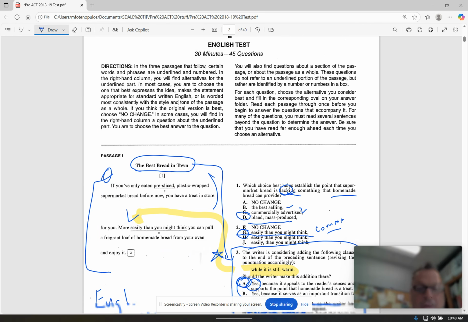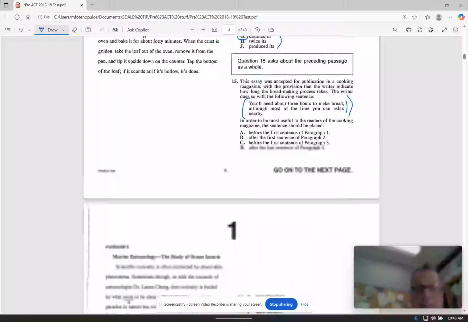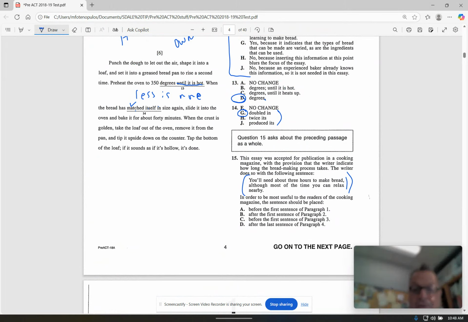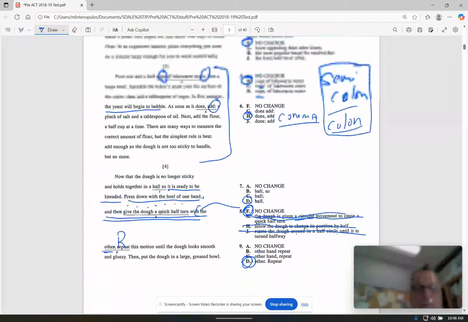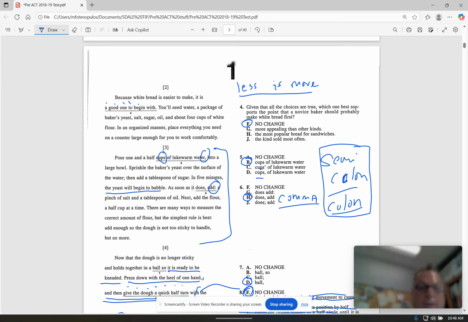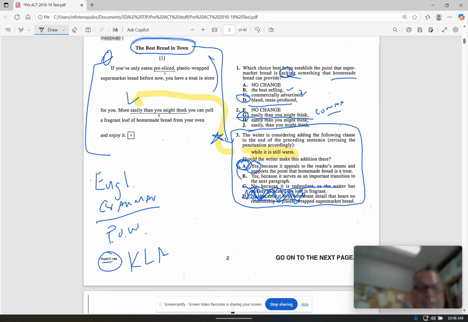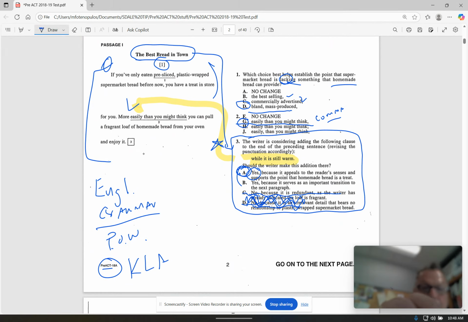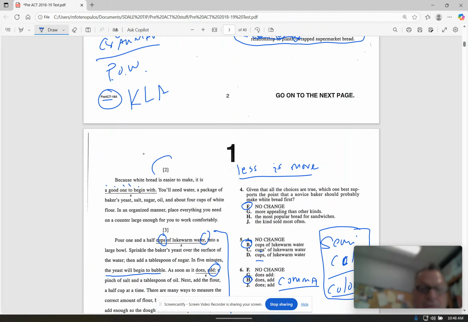I don't know if that's going to be a great place to put it. After the first sentence of paragraph 2. Okay, here's paragraph 2. They're numbered. There's 1, there's 2.